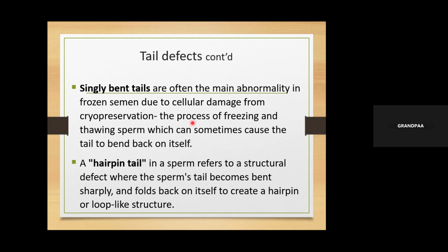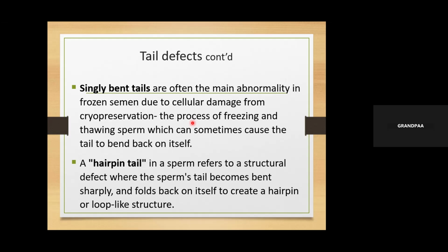It's called hairpin because of the pin the ladies use to fix their hair, which goes around and turns once, and then the side that has turned begins to coil. That is the hairpin tail.